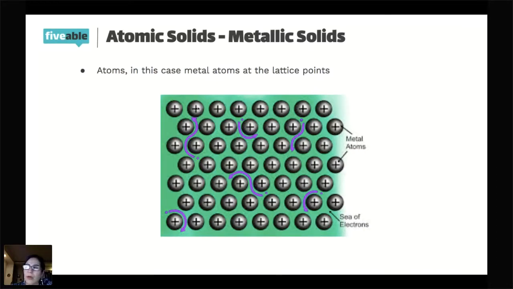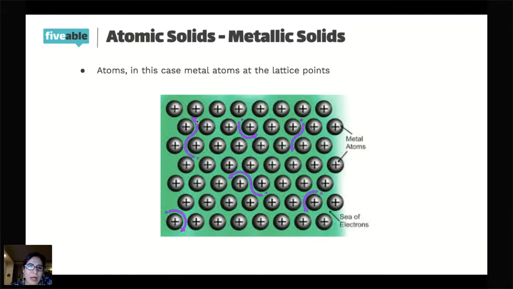The core or the nuclei and the core electrons stay in the same place, stay put. But the valence electron of each metal atom is able to be loose around, to flow easily, it's like distributed, like shared between all the cations.